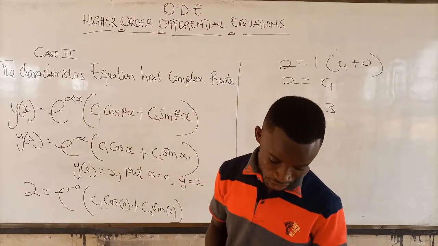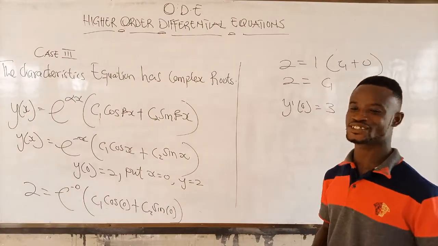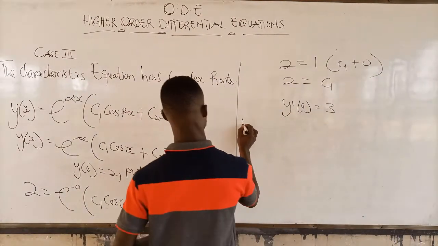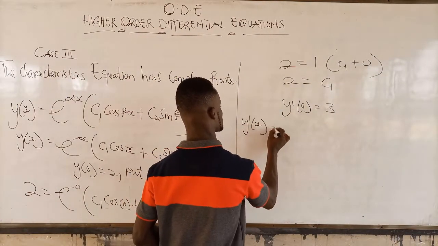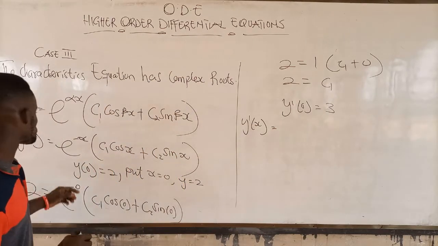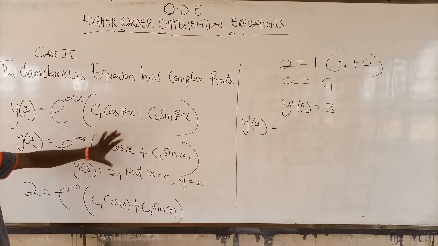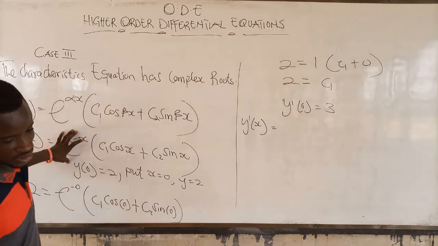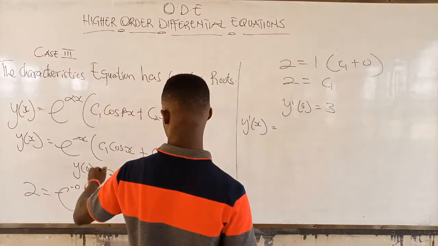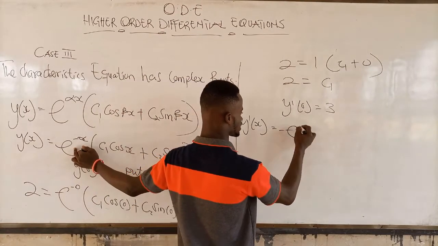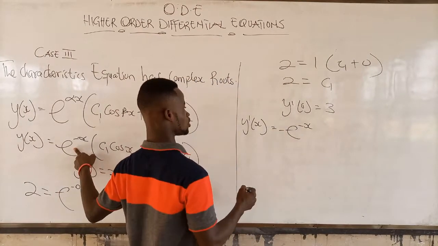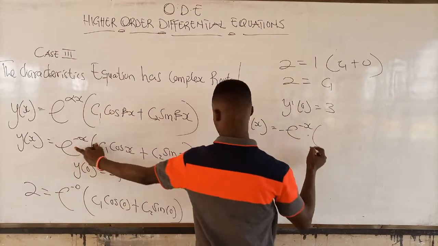And that's going to be a product rule. So y prime of x is going to be equal to, leave this, differentiate this, or we can leave this and differentiate this. Very good. So when we differentiate this, we get negative. Then we leave the second one.